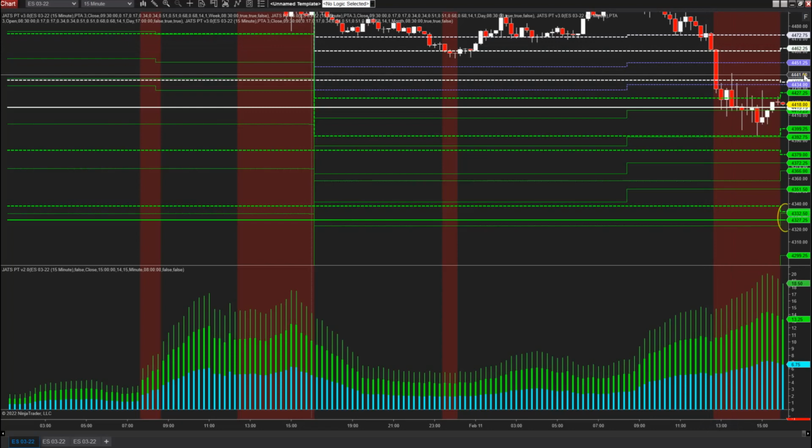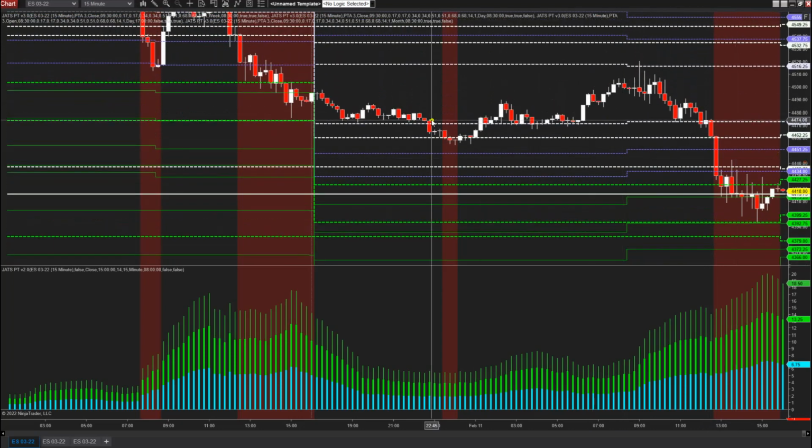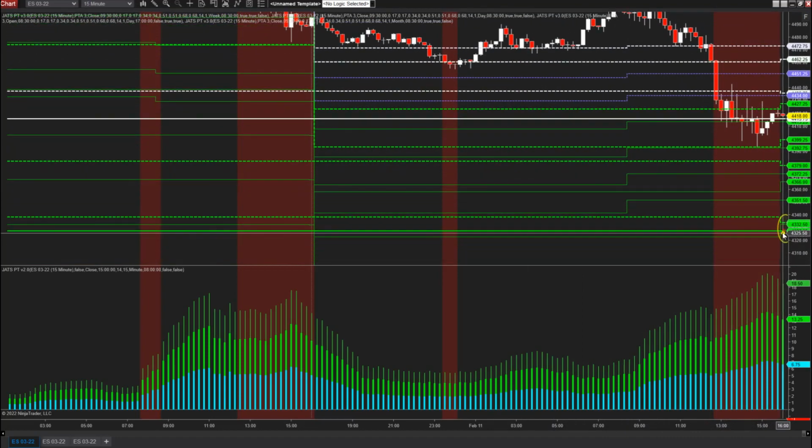And you can see how that daily one upper had been acting as support until that news broke. Now, we might see that huge gap down Sunday to that point and then come back up, refilling.